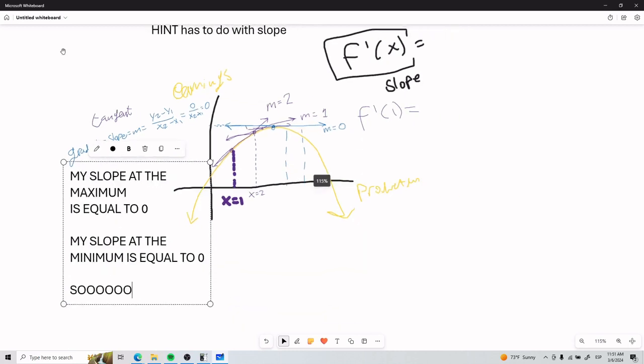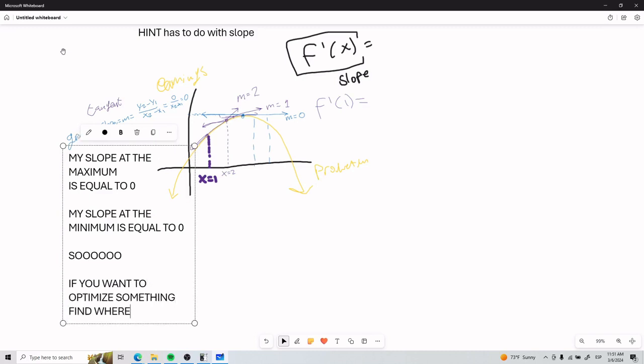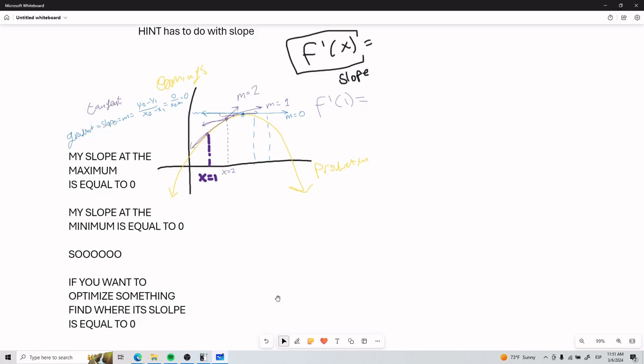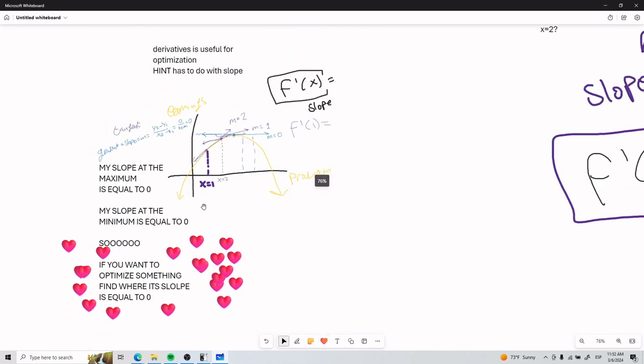So, ladies and gentlemen, if you want to optimize something, find where its slope is equal to 0. Bada bim, bada boom. Couple of hearts, because this is a big thing you just realized. If you want to optimize something, find where its slope is equal to 0.